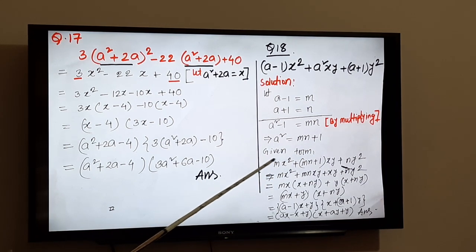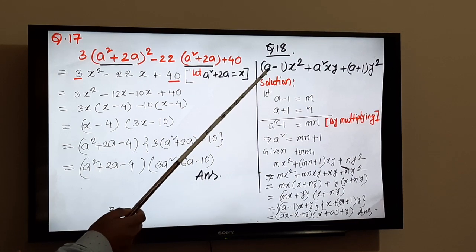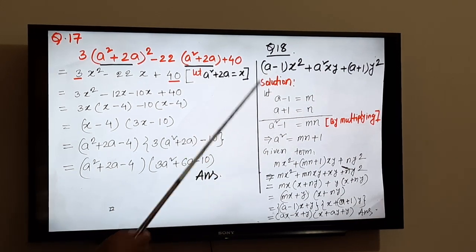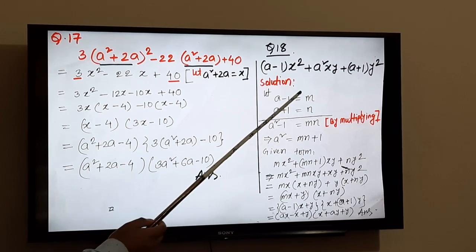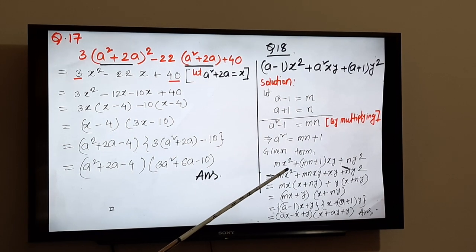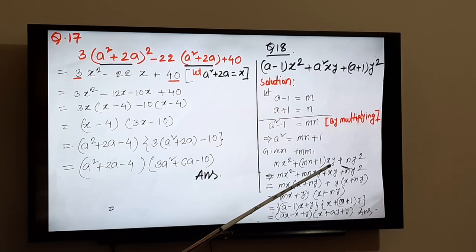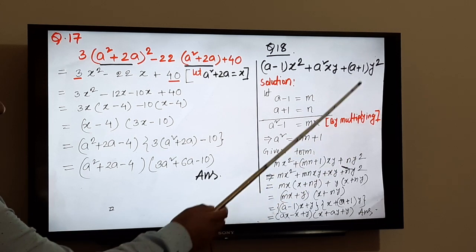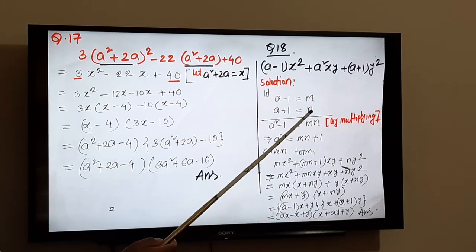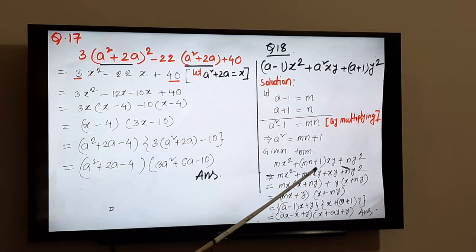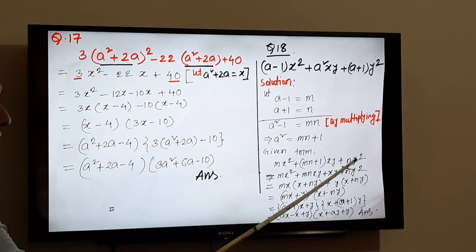Now rewrite the given expression by those terms. a − 1 is equal to m, so mx², a² is equal to mn + 1, so (mn + 1)xy, and ny², that means a + 1 is replaced by ny². So the middle term is mnxy and 1 into xy, plus ny².